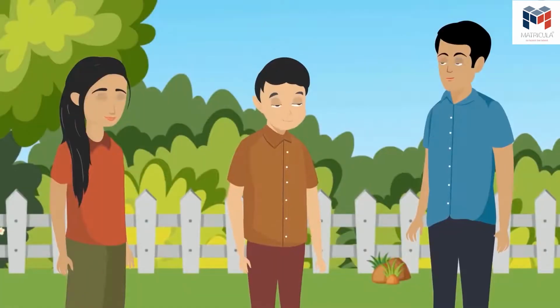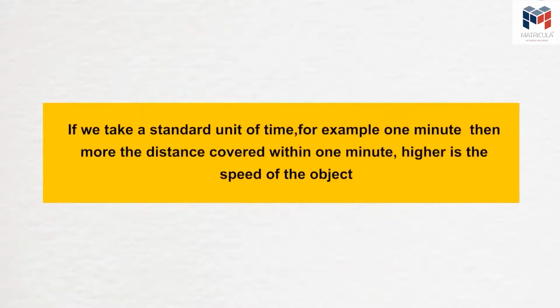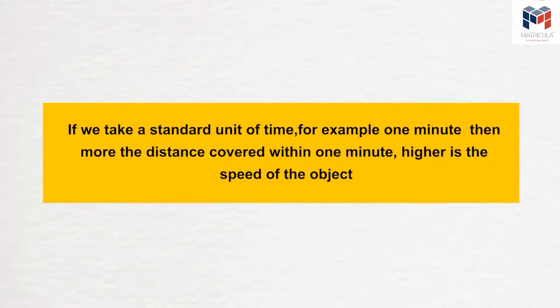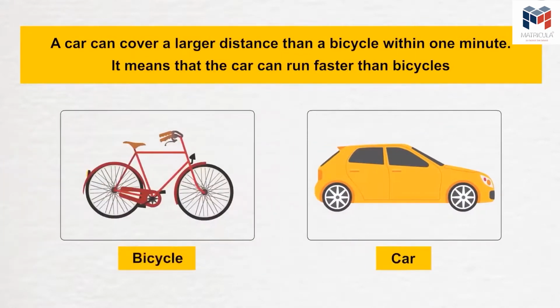But Puneet brother, how would we measure it? If we take a standard unit of time, for example 1 minute, then the more the distance covered within 1 minute, the higher is the speed of the object. For example, a car can cover a larger distance than a bicycle within 1 minute.